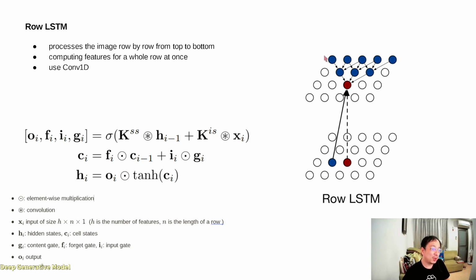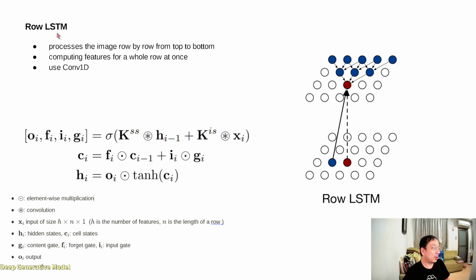But how do you do the LSTM on rows? Because these rows have some special structure. So it uses a one-dimensional convolution to replace the general matrix multiplication, that is the linear modules, in the standard LSTM.